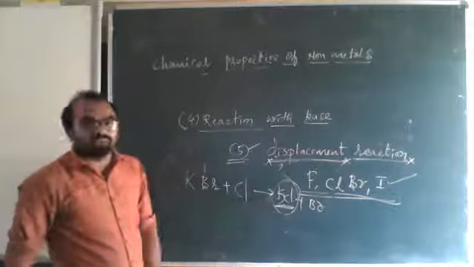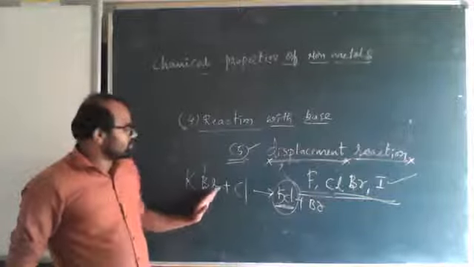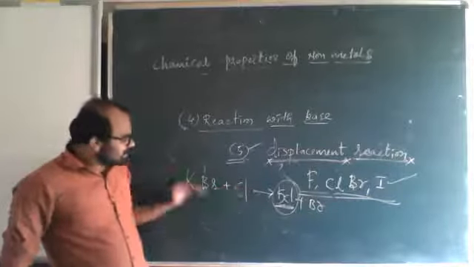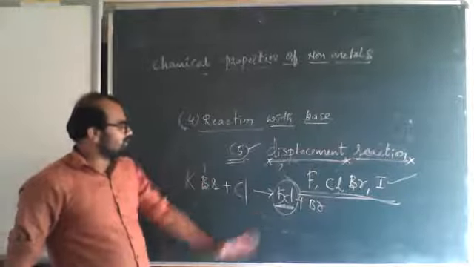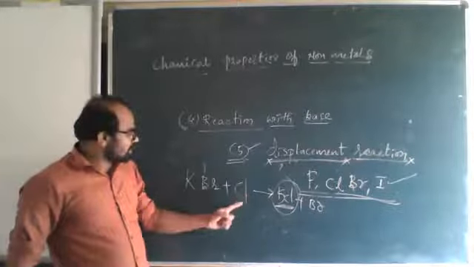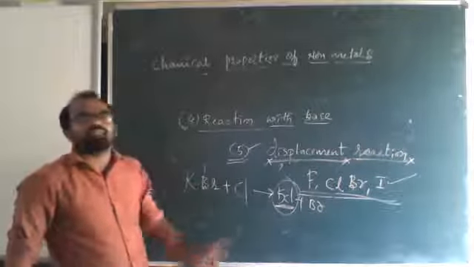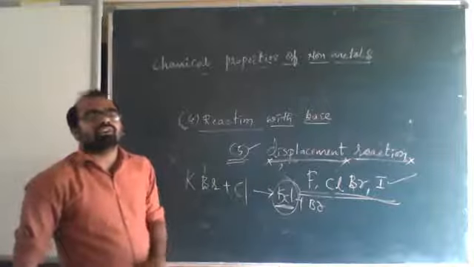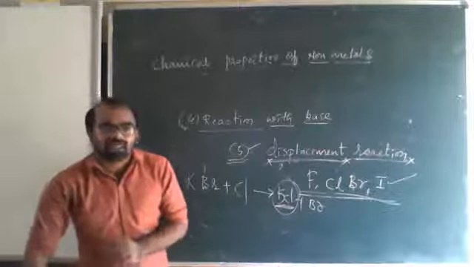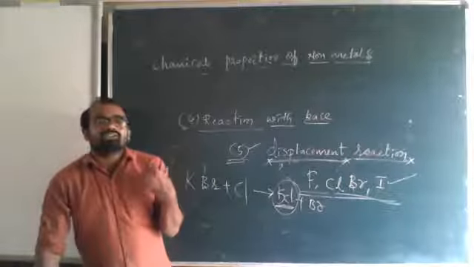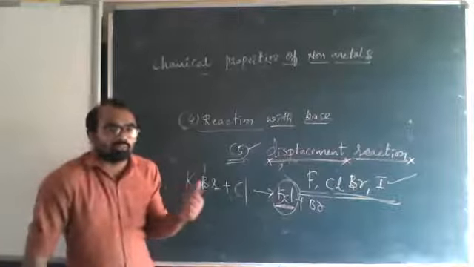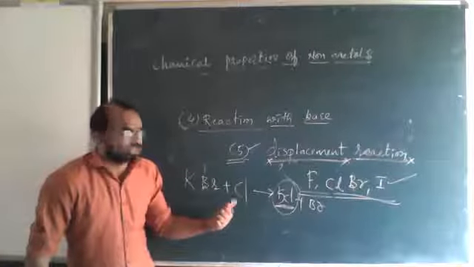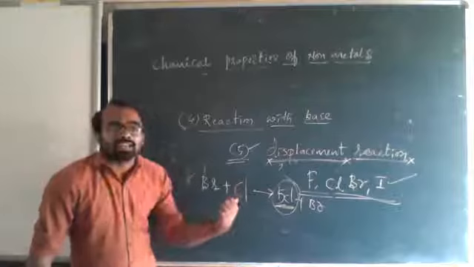Potassium chloride. This is potassium bromide, but chlorine displaces bromide from its solution. Here the chlorine is displacing the bromide. So this one we can call a displacement reaction. See here what it is doing? Chlorine, look properly here, this chlorine is displacing bromide.